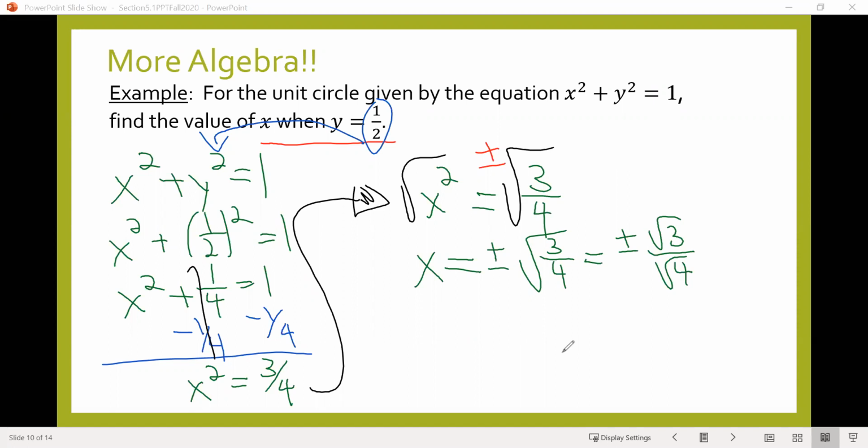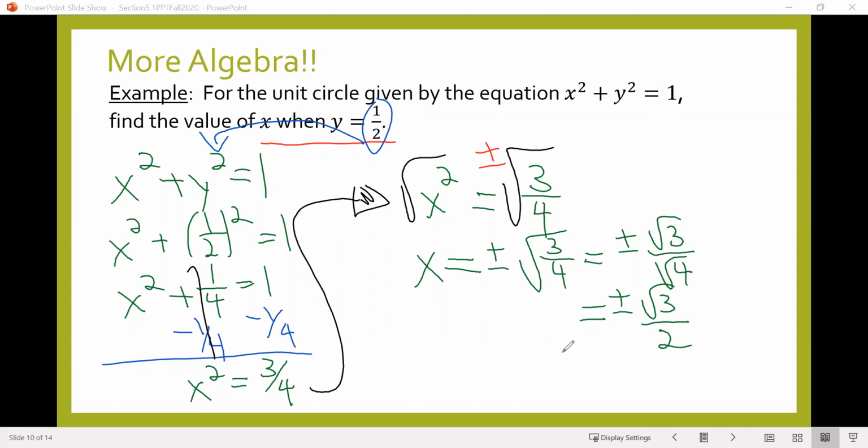And notice then, doing that, okay, well the root 3 we can't really do much with, so I'm going to leave that as square root of 3, but the square root of 4 we can, right? The square root of 4, if you think about that, is 2. So it looks like we get plus or minus root 3 over 2 here.